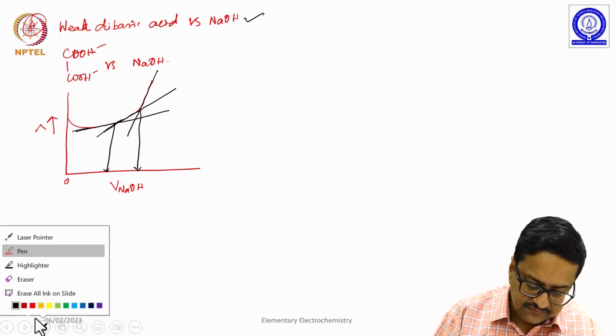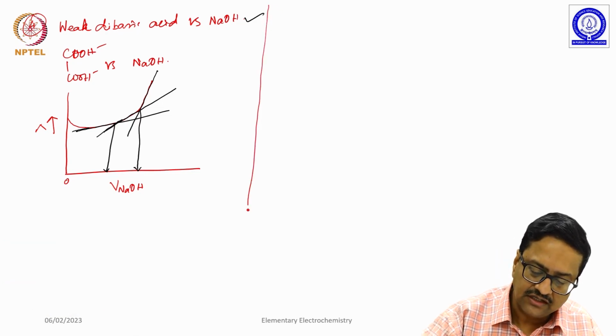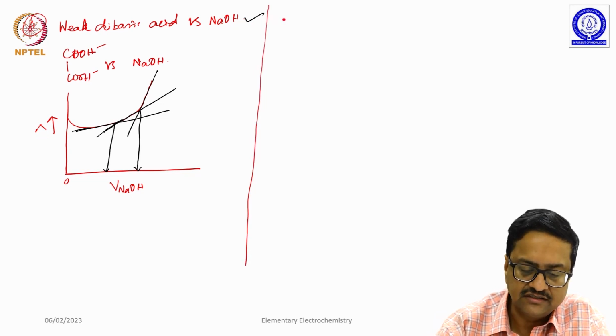The next type of conductometric titration is the conductometric precipitation titration.